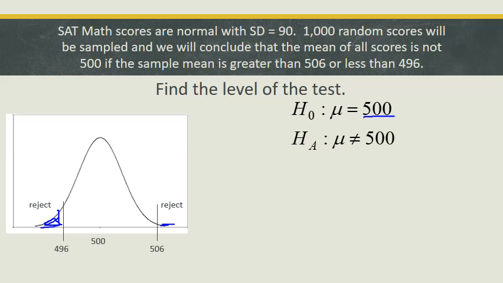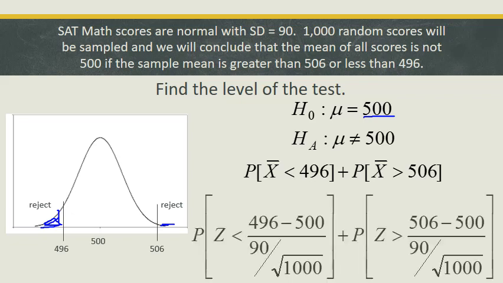And we're told to find the level of the test. The level is the probability of rejection, or the area beyond the critical values. Notice that the critical values are not symmetrical around the mean. That's not a requirement. We just need to find the areas in both tails and add them up.